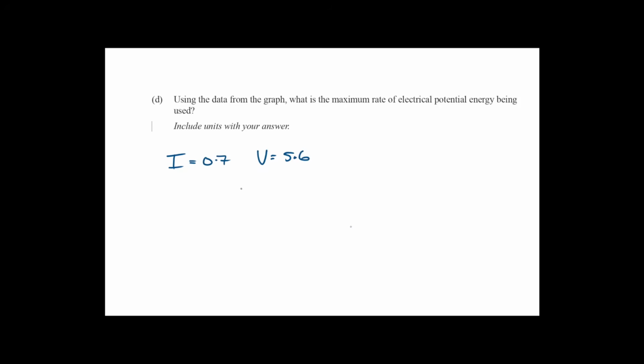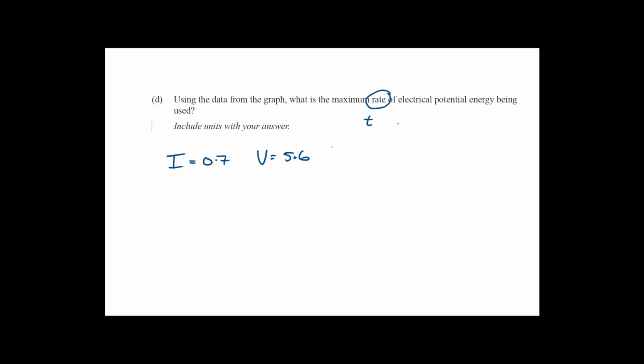All right, so what's a formula that links those together? How do we answer this one? Well, there is a tricky word here that you probably overlooked, and it is this word rate. When we have rate, it means with respect to time.